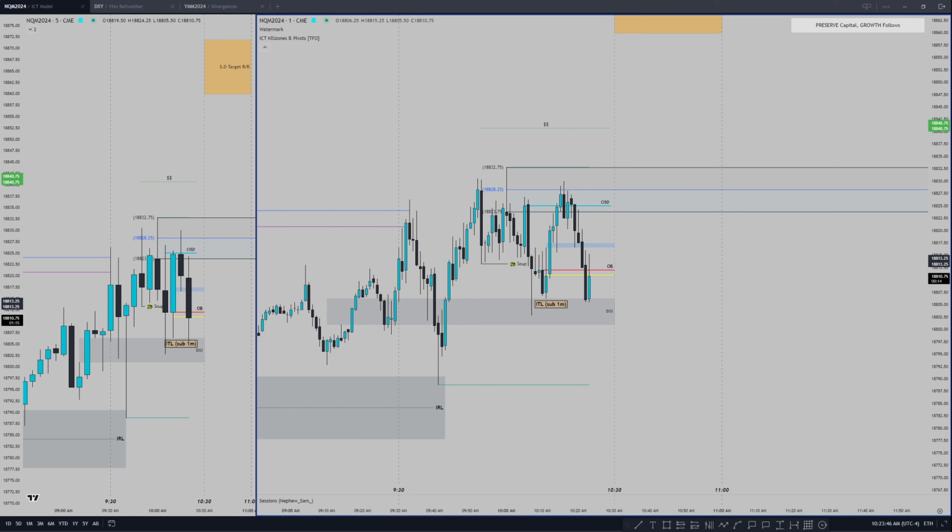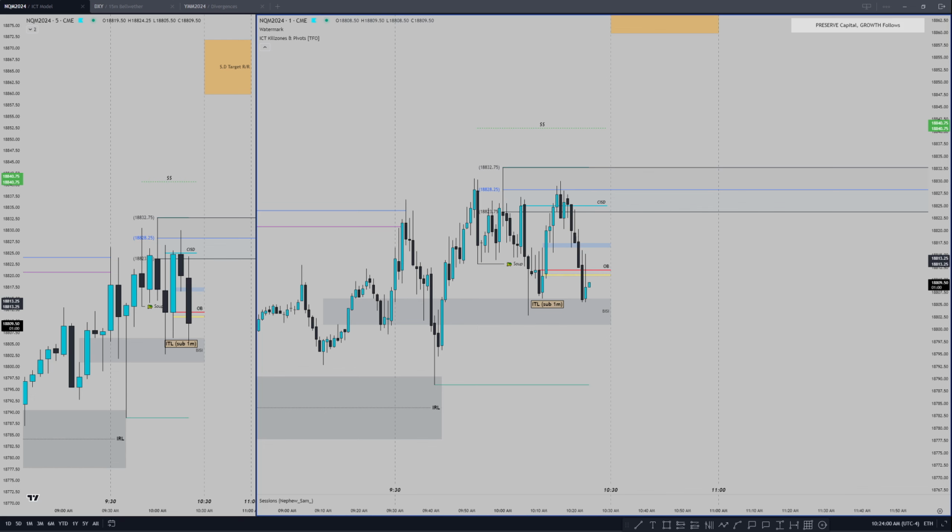But here, if I show you, if we drop down to a 15-second chart, now you can see this is an intermediate term low, right over here. So that low that the stop was on the 15-second, you have a short-term low to the left of it, short-term low to the right of it.